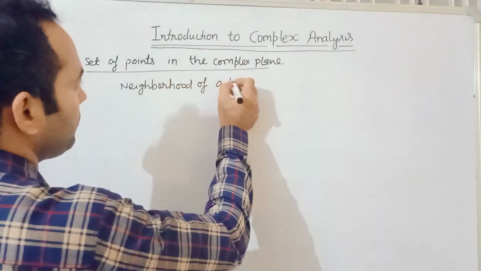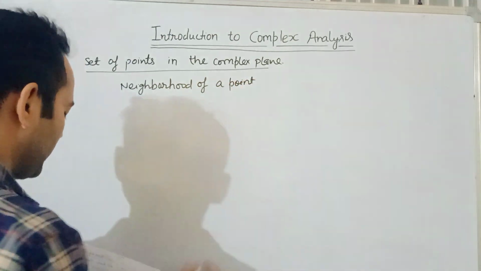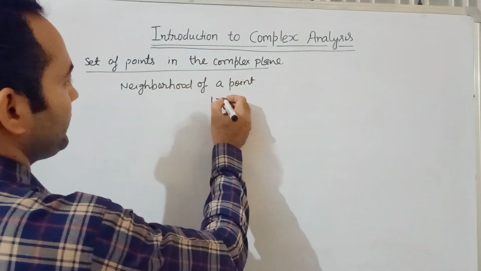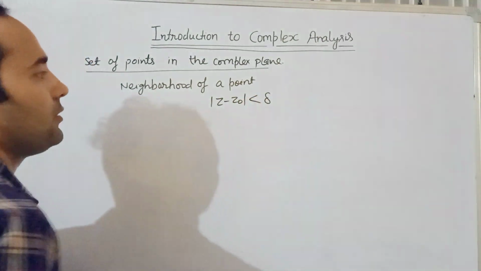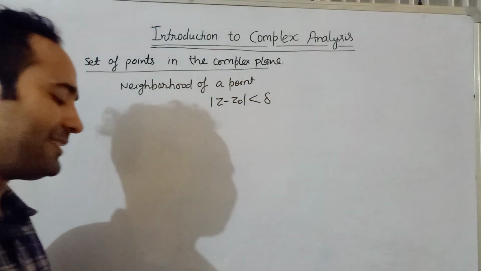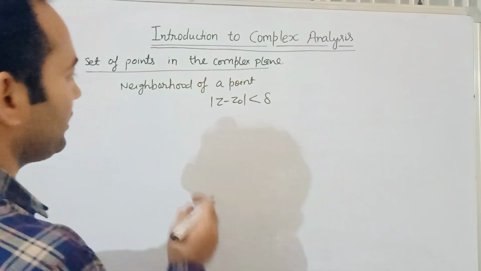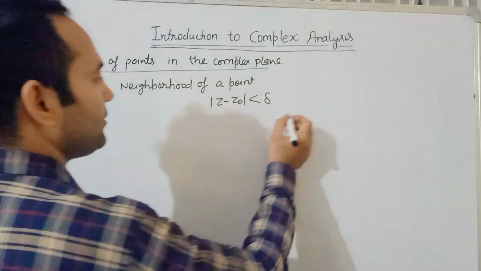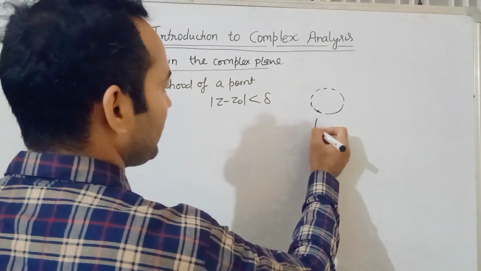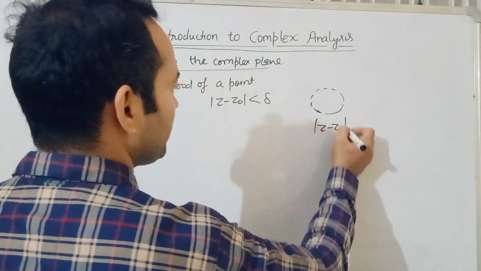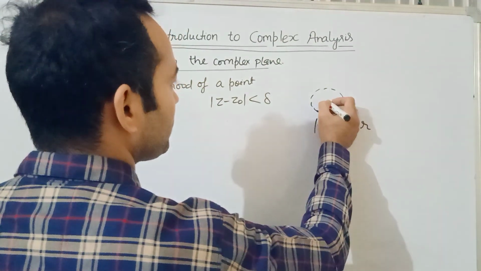Neighborhood of a point. What is neighborhood of a point? It's nothing but an open disk centered at z0, where delta, this del, is very small. Now if you have to draw geometrically you can do that, right? So mod of z minus z0 is less than r.